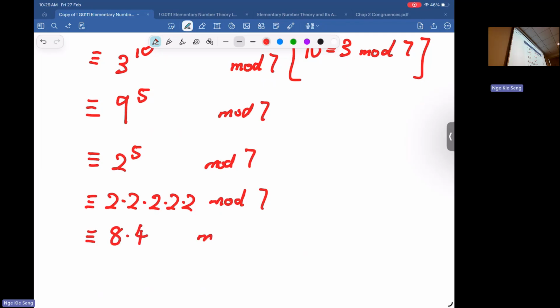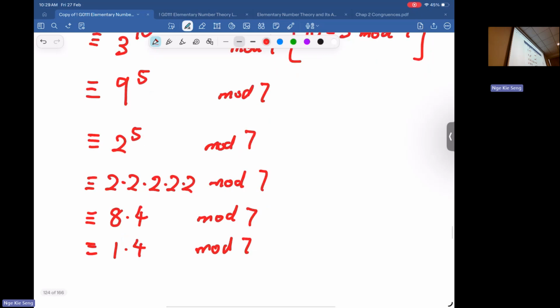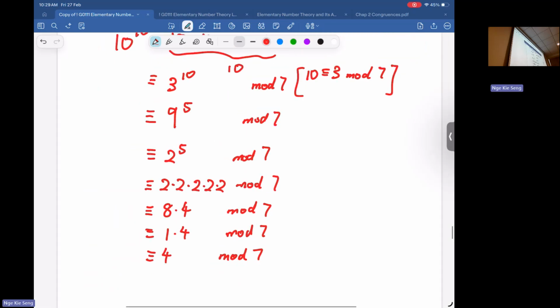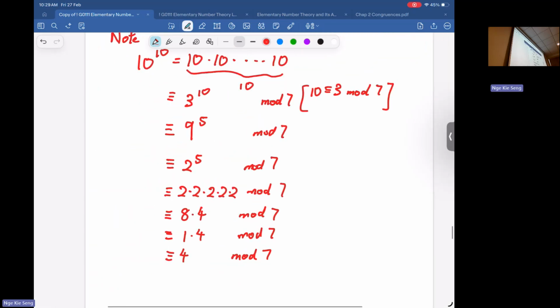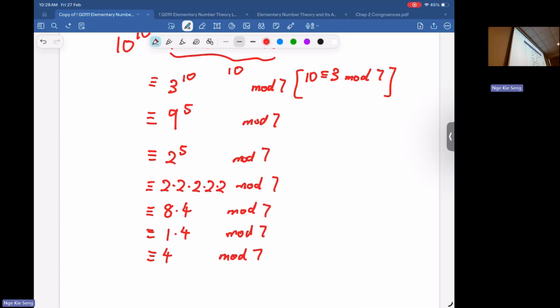So 8 times 4. 8 is a good number here, because it's just 1 mod 7. Why I say it is good is because it's related to 1. 1 is very good in a number system because everything times 1 is everything. So, 4 mod 7. Okay, you are done, because 4 is a number between 0 and 7.